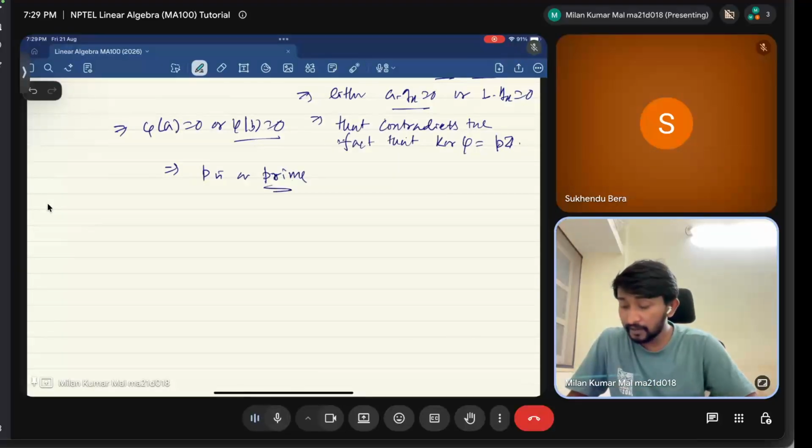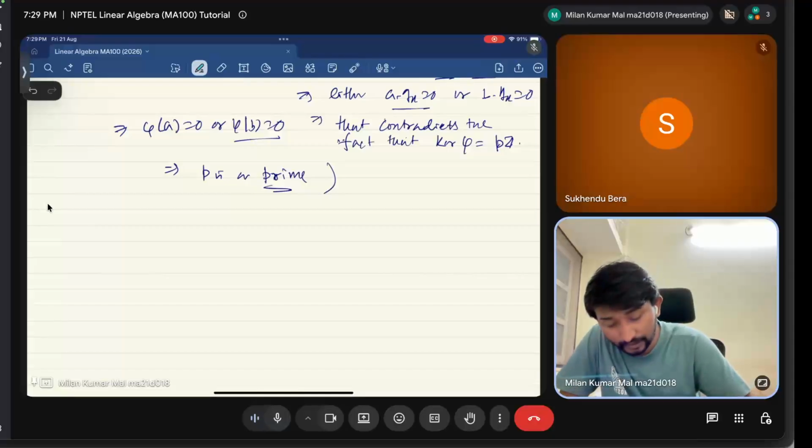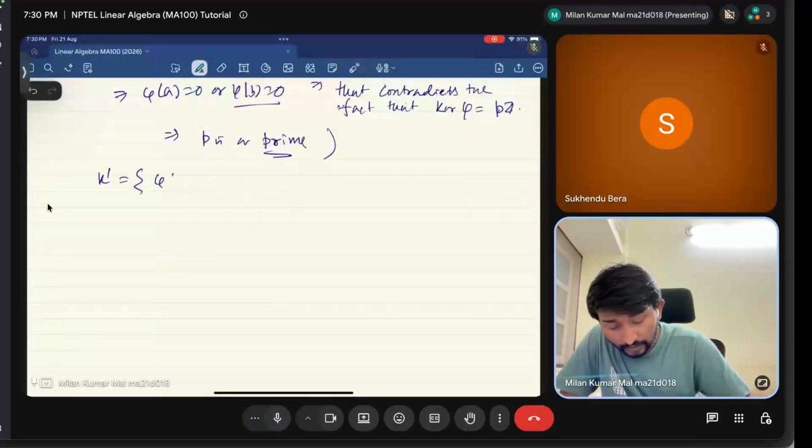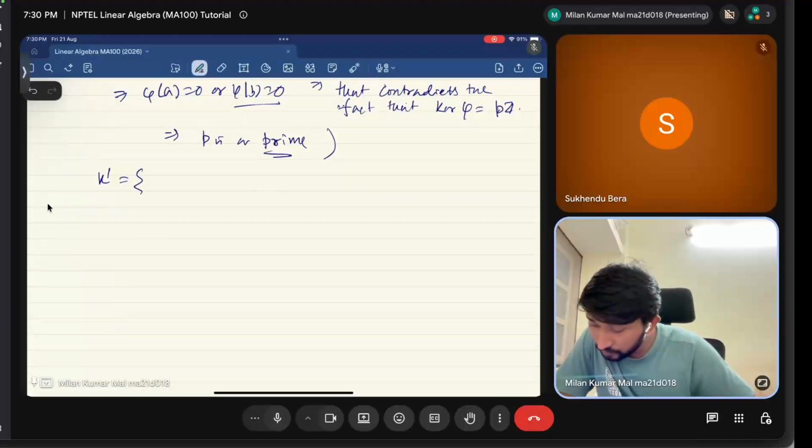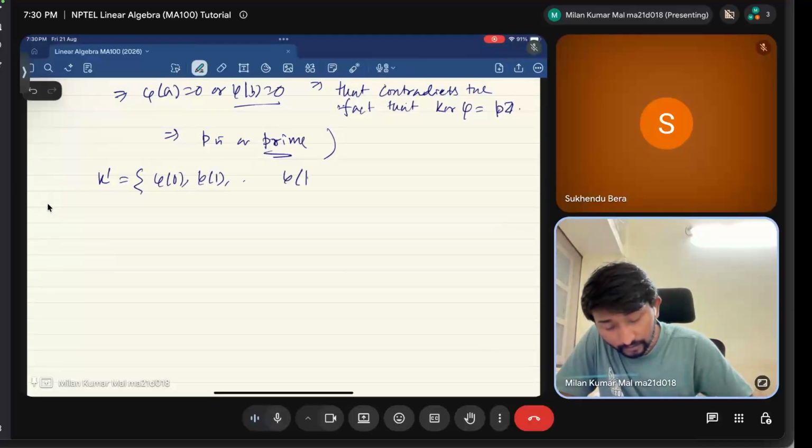Next, p prime is obtained, and now let us consider the field K dash, which is equal to phi 0, phi 1, all the way to phi of p minus 1.